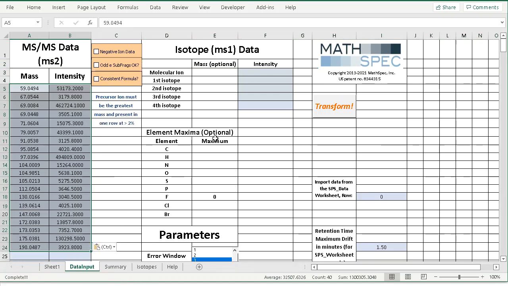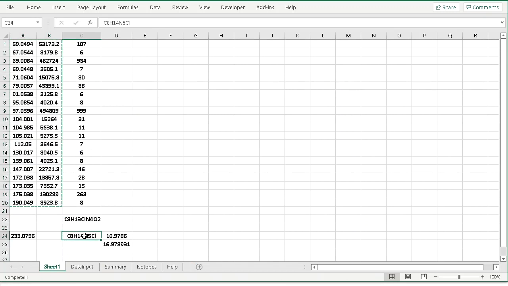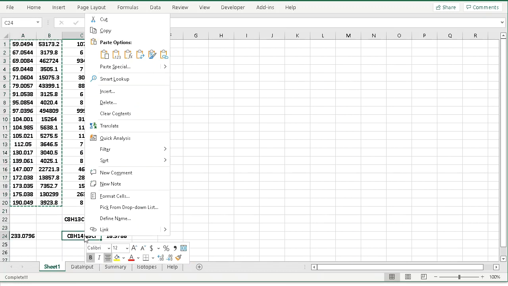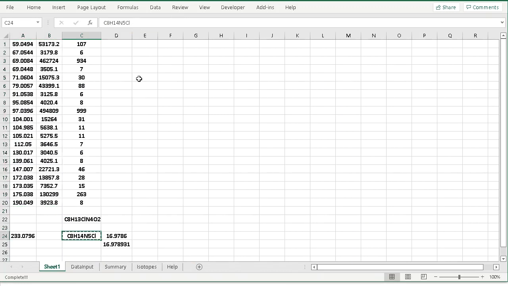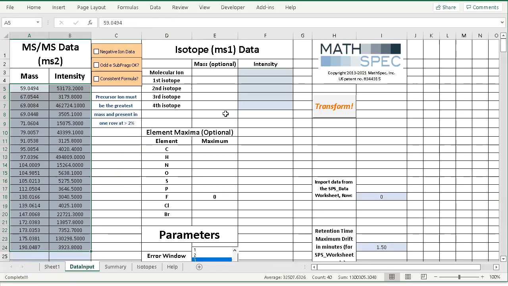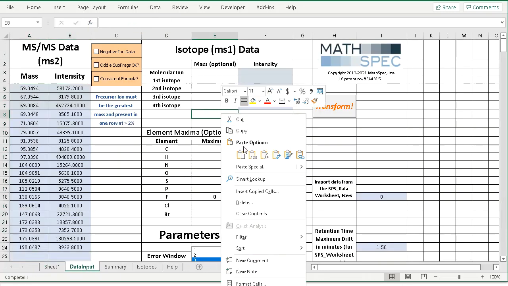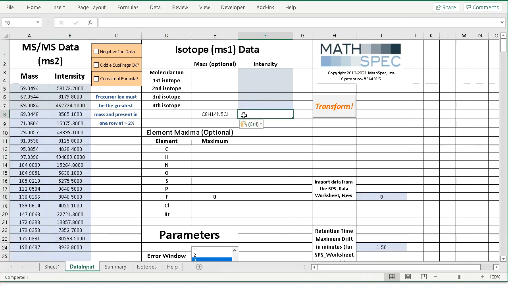Okay, and I also need the isotope pattern of the precursor, and that data, the full scan data, is not available. I will use the formula for atrazine as an approximation. So we can calculate this.